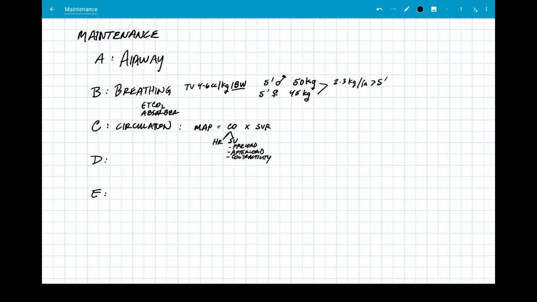The other thing I look at is the rhythm of the EKG. Is there any abnormalities or any ST changes?